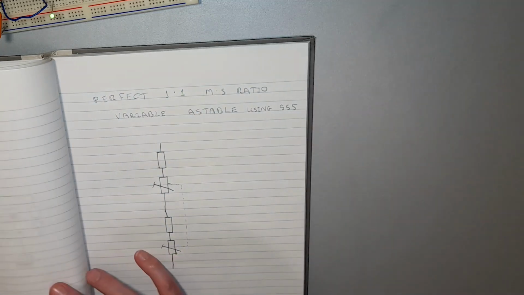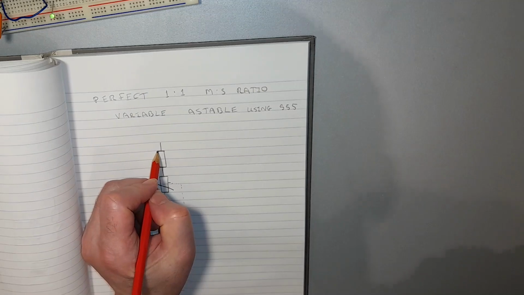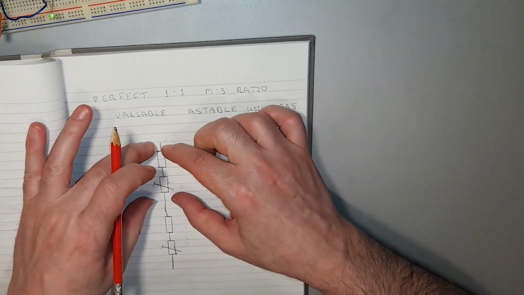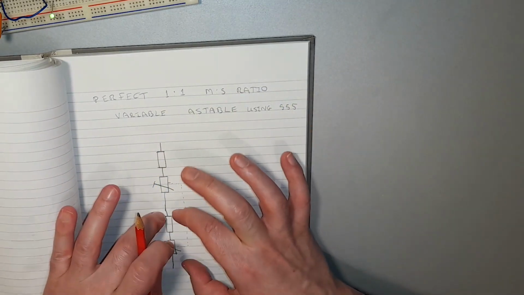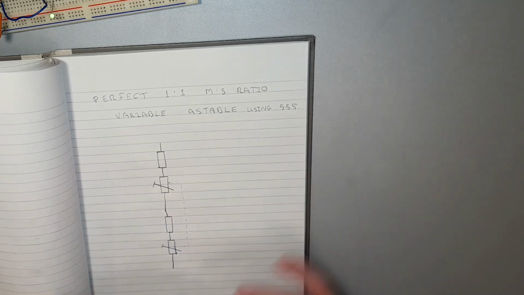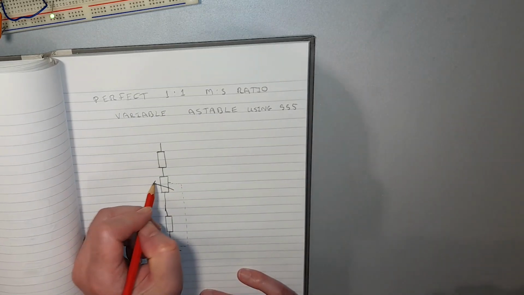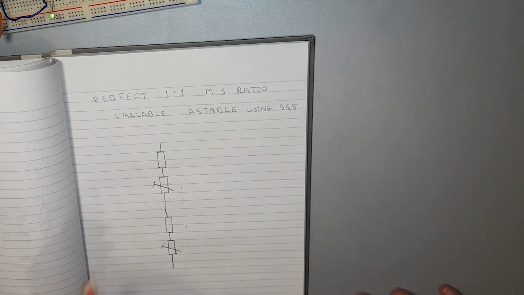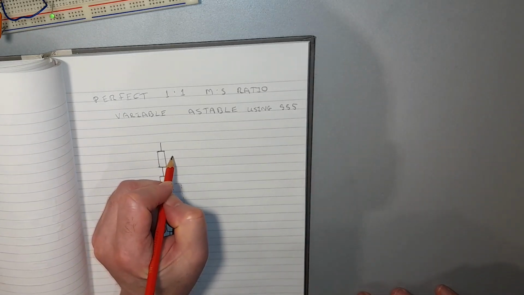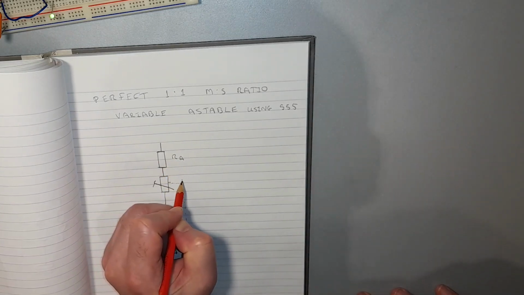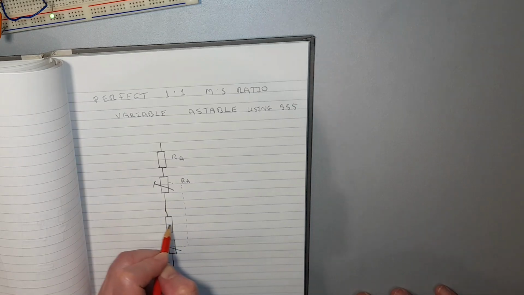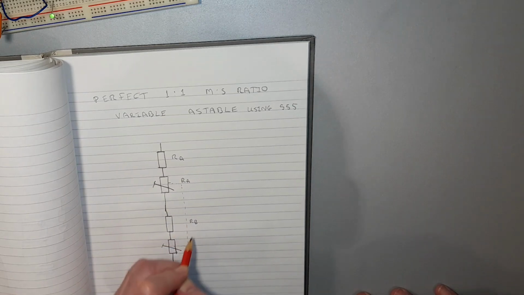So depending on what frequency you want, you take those two to be RA and then those two to be RB. So this is your RA, and this is RA, and this is RB and RB.